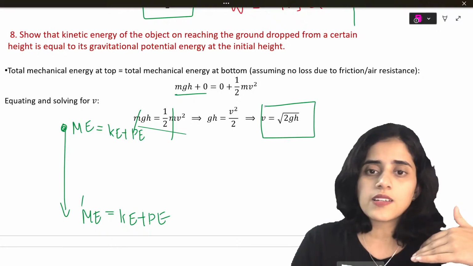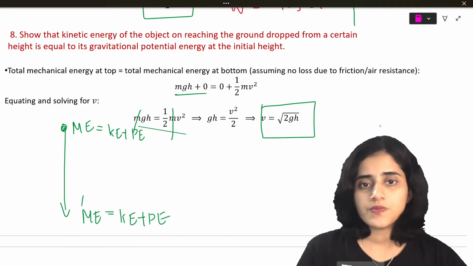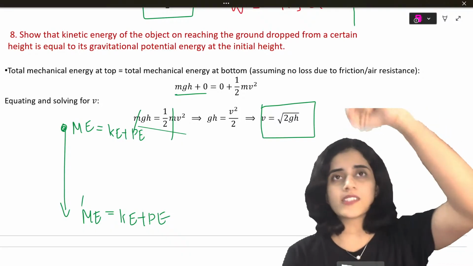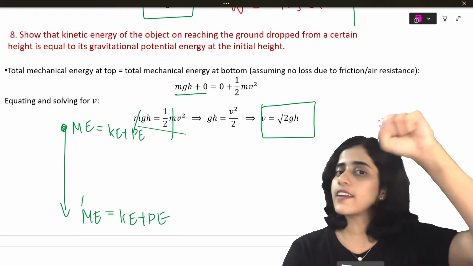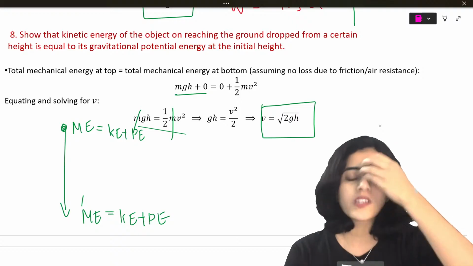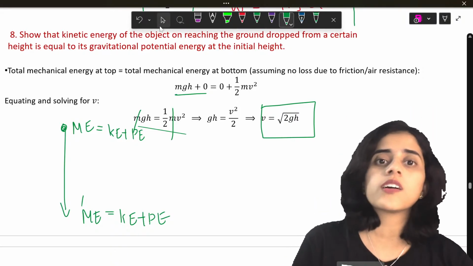From that we get v is equal to square root of 2gh. So initially the ball is at a height, potential energy is very high and kinetic energy is 0. Then it is dropped, and during its journey, all the potential energy gets converted into kinetic energy.